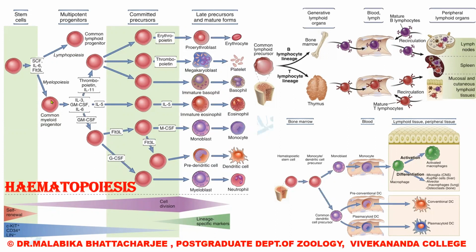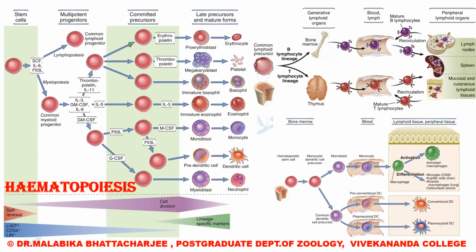From the common myeloid progenitor, we are having another two different progenitors. One gives the output cells of erythrocyte, platelet, and basophils. The other gives the output cells of this category. If you look into these two common progenitors, the common myeloid progenitor, again depending on the cytokine milieu, divides into two multipotent progenitors, and these give rise to two committed precursors depending on the FLT3 ligand or the granulocyte colony stimulating factor.